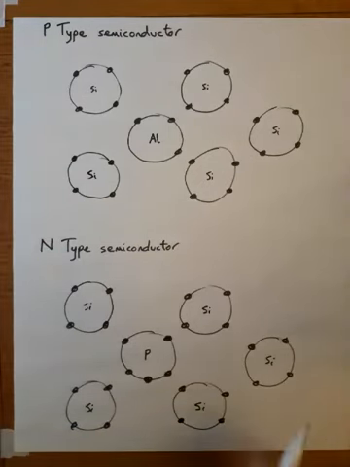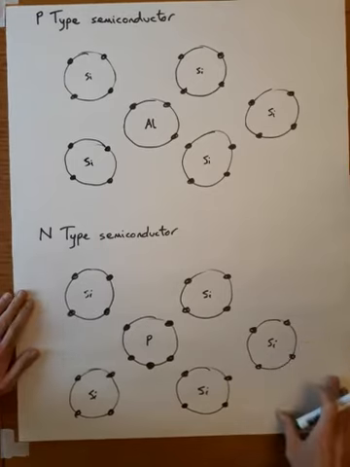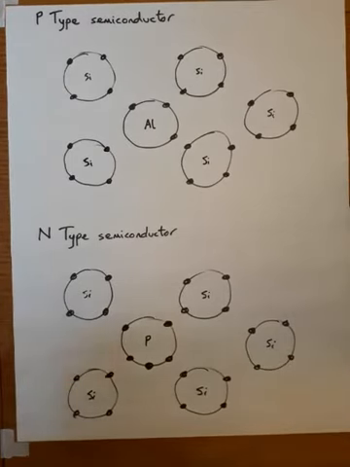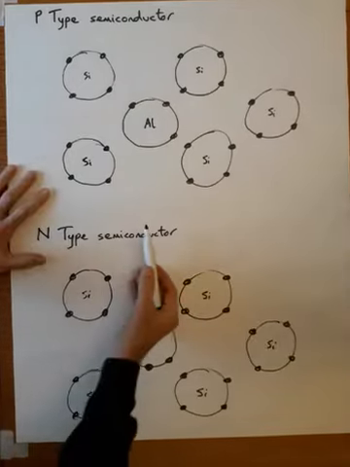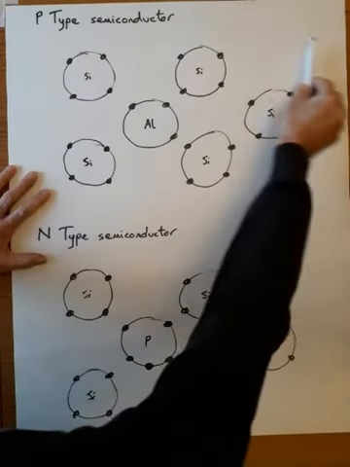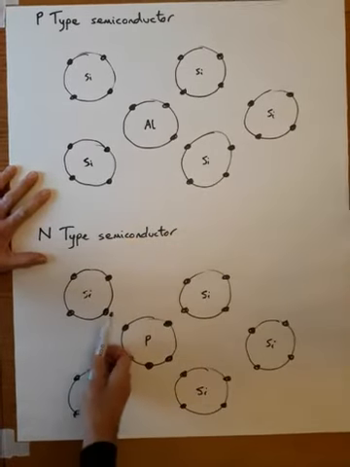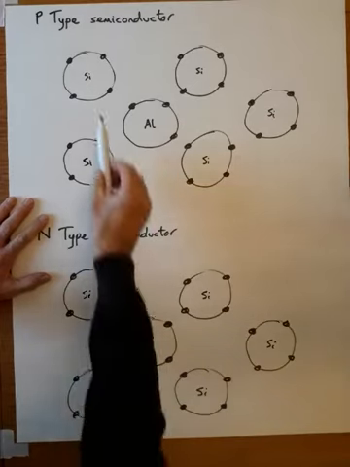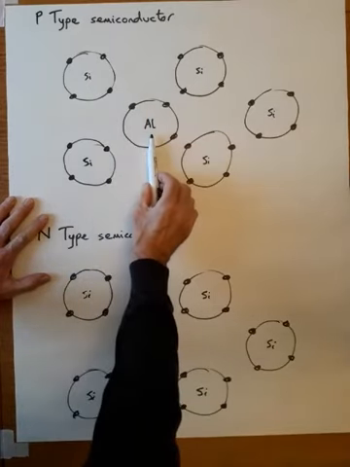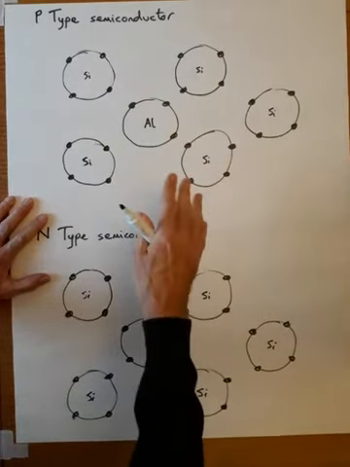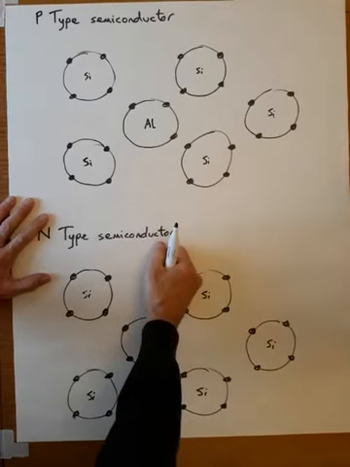So bearing in mind that pure silicon is an insulator, with some very, very clever science, the scientists have made it possible to make silicon conduct. So here we've created a mixture. We have a mix of silicon and aluminium. So aluminium has been blended into the silicon to make a compound.